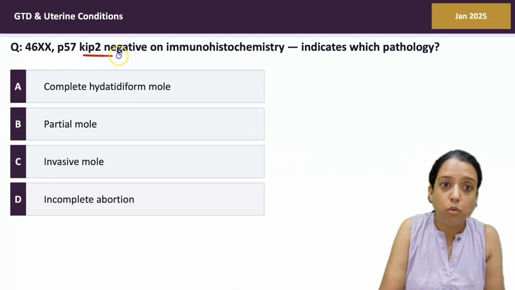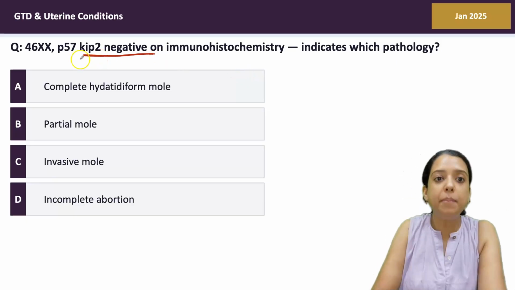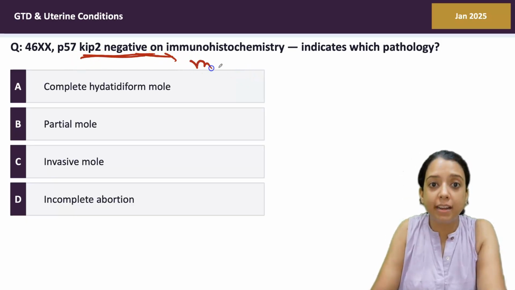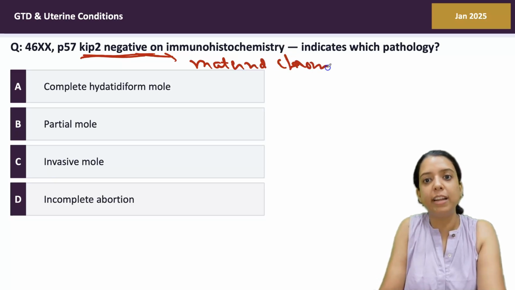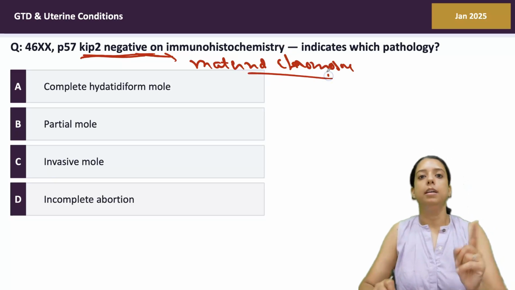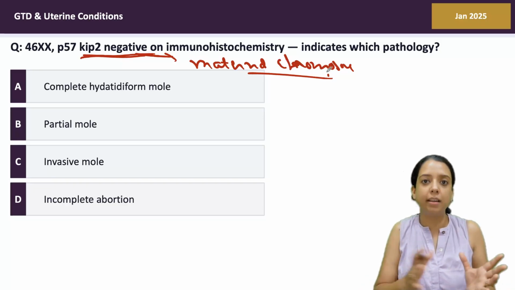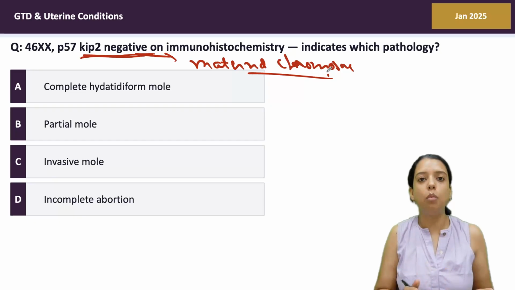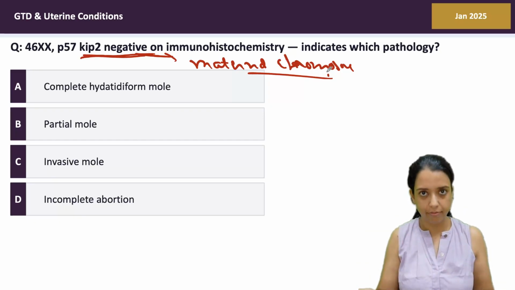46XX, KIP2 negative on immunohistochemistry indicates which pathology? KIP2 comes from the maternal chromosomes. It was a difficult question. So somebody who doesn't have maternal chromosomes, has only paternal chromosomes, will be the one not having KIP2. All of us are KIP2 positive.